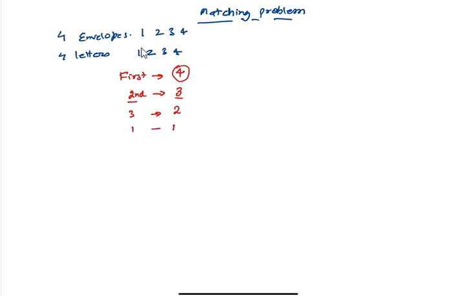So the total possible ways these letters can go into the envelopes is 4 times 3 times 2 times 1, or 4 factorial, because there are 4 envelopes.